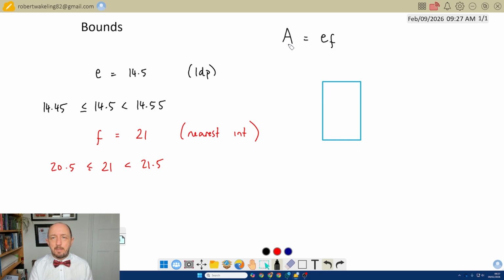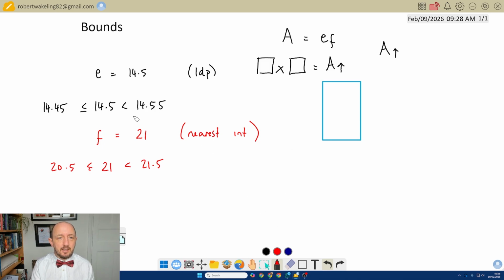So capital A equals E times F, and we want to know the upper bound of A. I'm just going to do A with a little arrow pointing upwards for upper bound of A. So E times F multiplied together. We're doing E times F to try and get the biggest possible A in this case. A is E times F, but we want the biggest possible A that we can get.